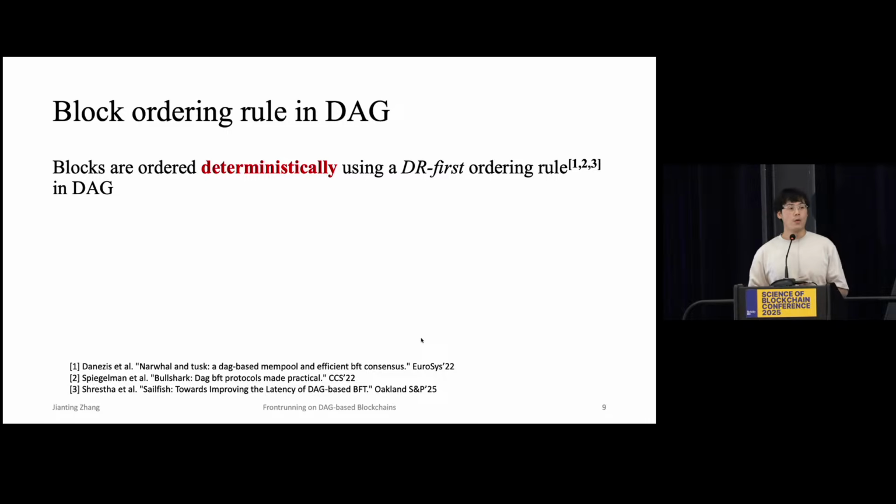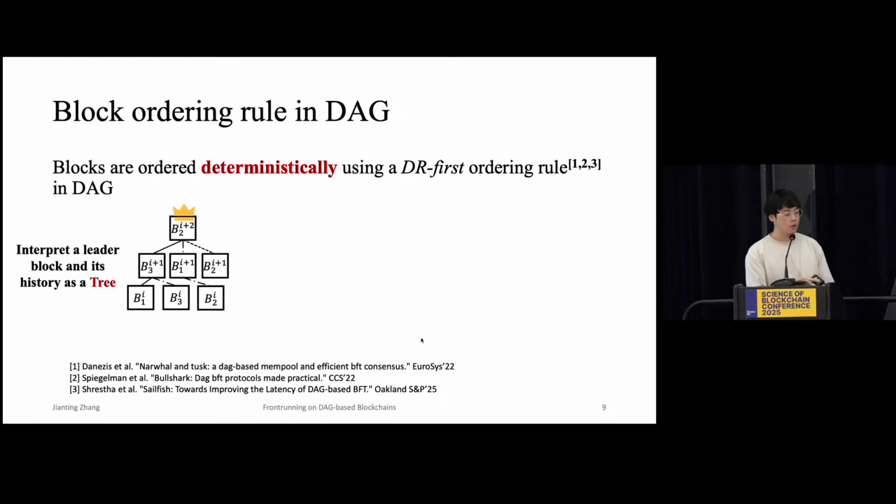Here is a very concrete example to show how a specific block ordering rule can be exploited. Many blockchains, especially early-stage DAG-based blockchains, use a so-called DFS ordering rule. Basically, in these ordering rules, each replica will locally interpret a leader block as well as its causal history as a tree, where the leader block is the tree root.